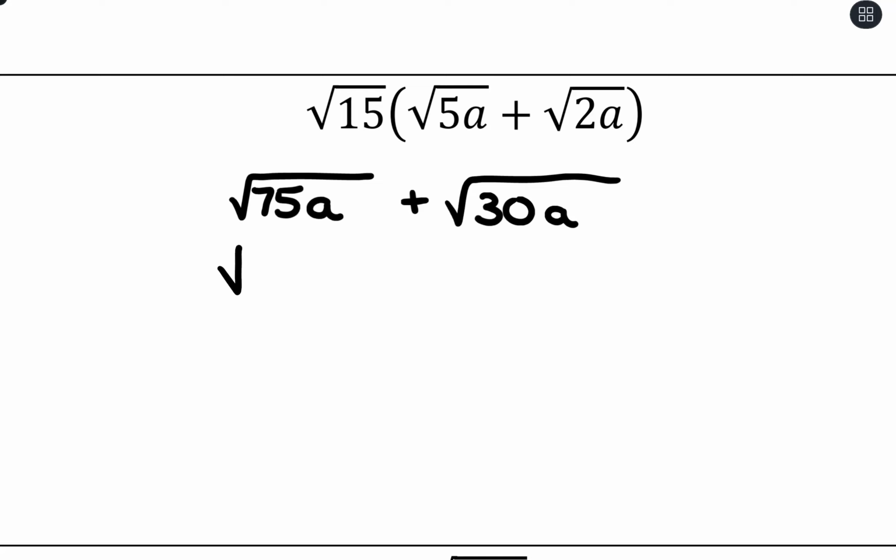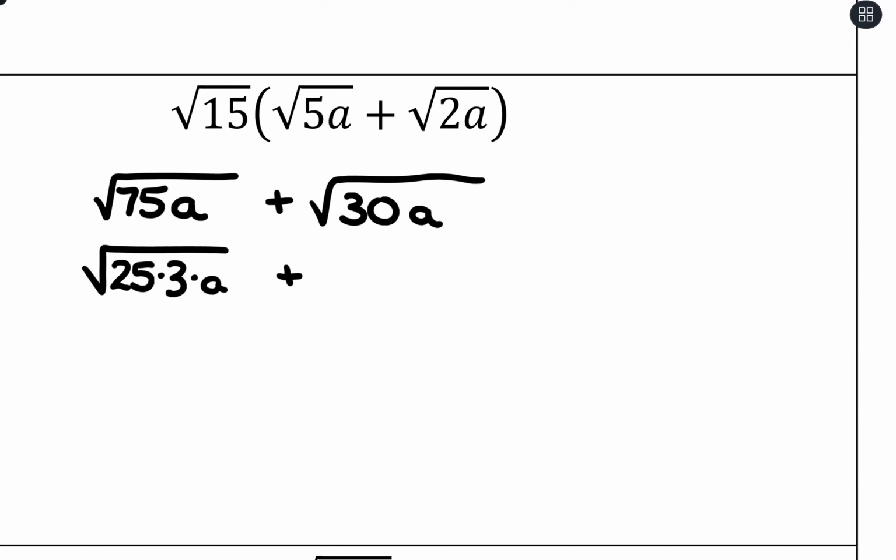So 75, it's good with the 25 times 3, and then we still have an a there, plus 30, 5 times 6. I'm not seeing much in the prime factorization, so 5 times 6, which is a 2 times 3. I'm not seeing any pairings coming through, so that's going to be stuck as a root 30a.